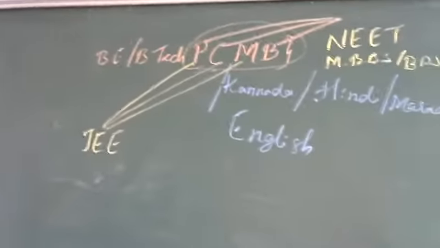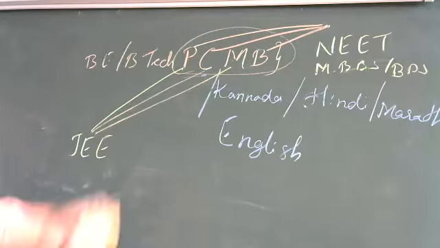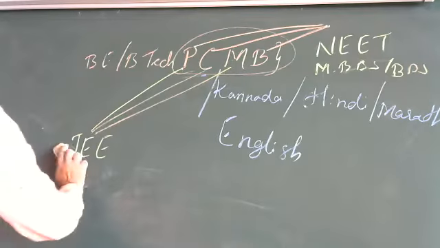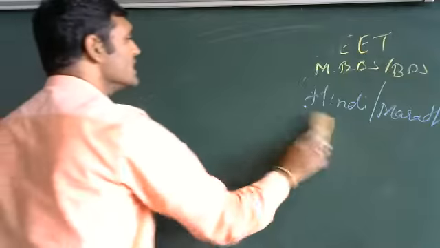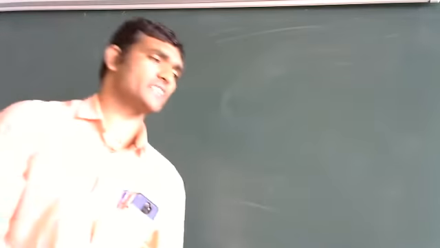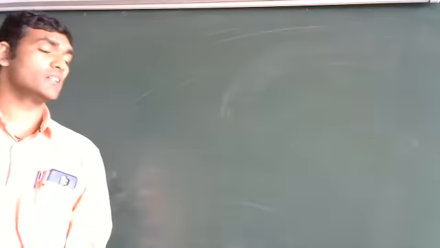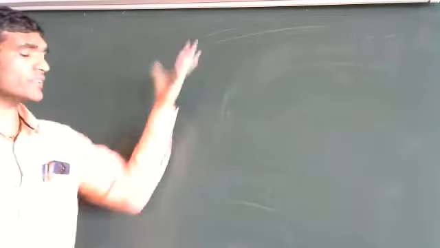Okay. Now, children, what is the pattern? When we sit for these exams, the JEE exam or NEET exam, some instructions are given on the front page of the question paper. What instructions do they give on the front page?